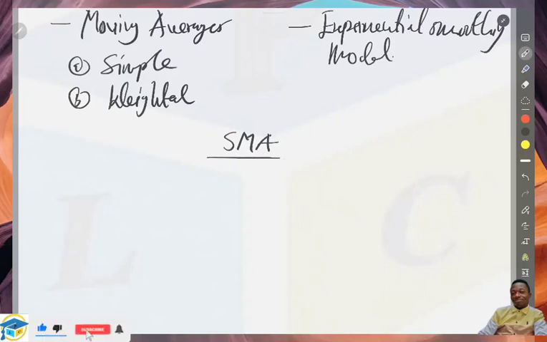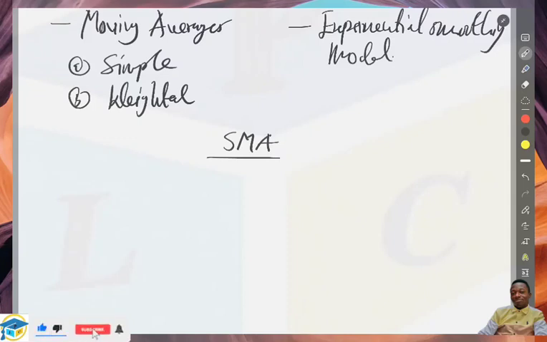Under the simple moving average of forecasting, we make use of past data available to the organization in forecasting for the coming period. Here, all I will do is find the average of the data that is available to us to forecast for the coming period. Hence, simple moving average. It takes into account the averages of the past data and uses that to forecast for the organization.